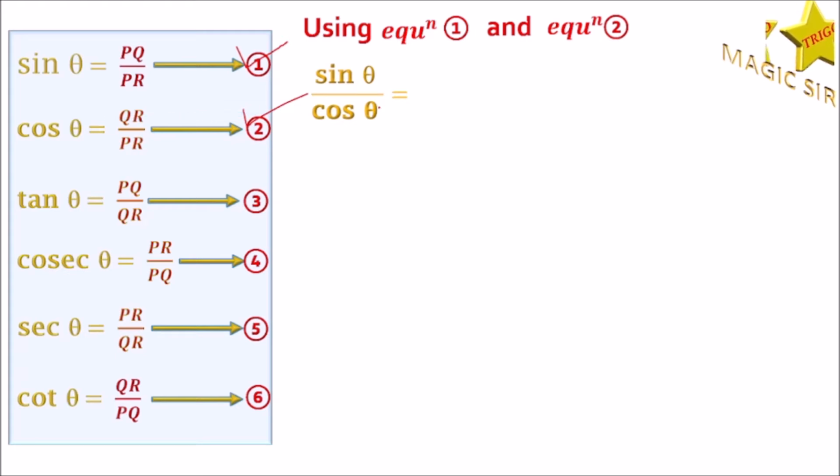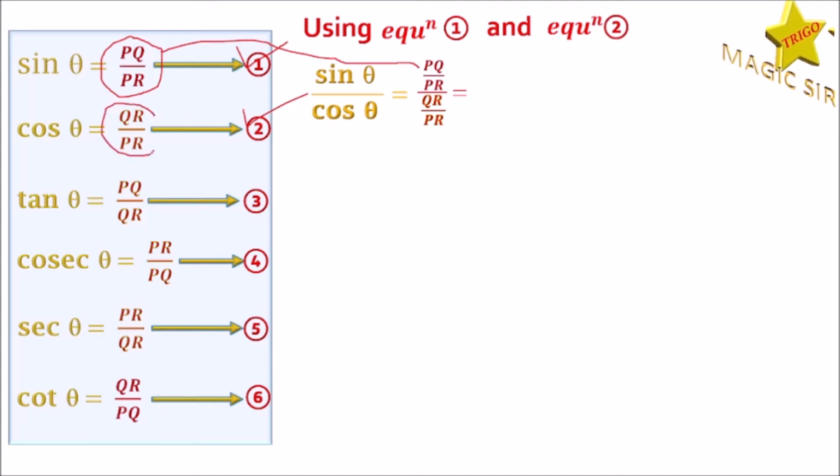So sin theta upon cos theta is equal to PQ upon PR from the first equation and QR upon PR from the second equation.